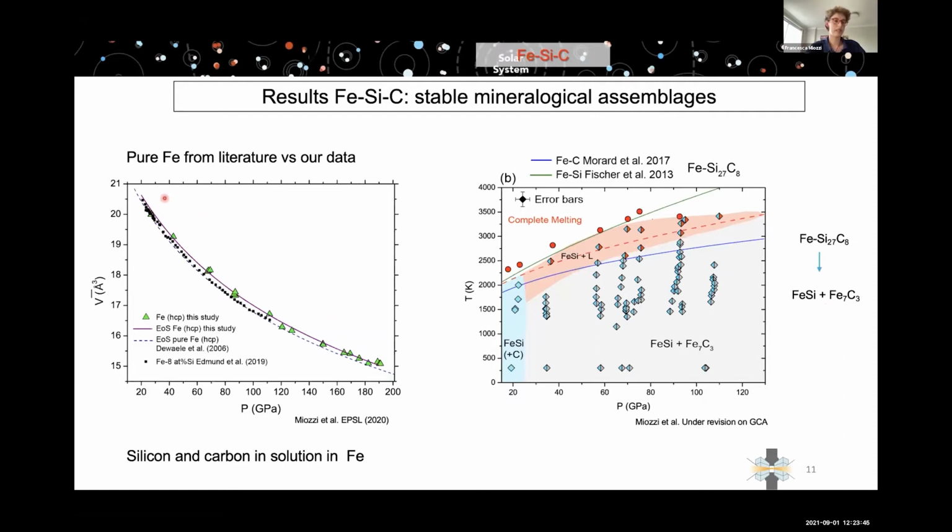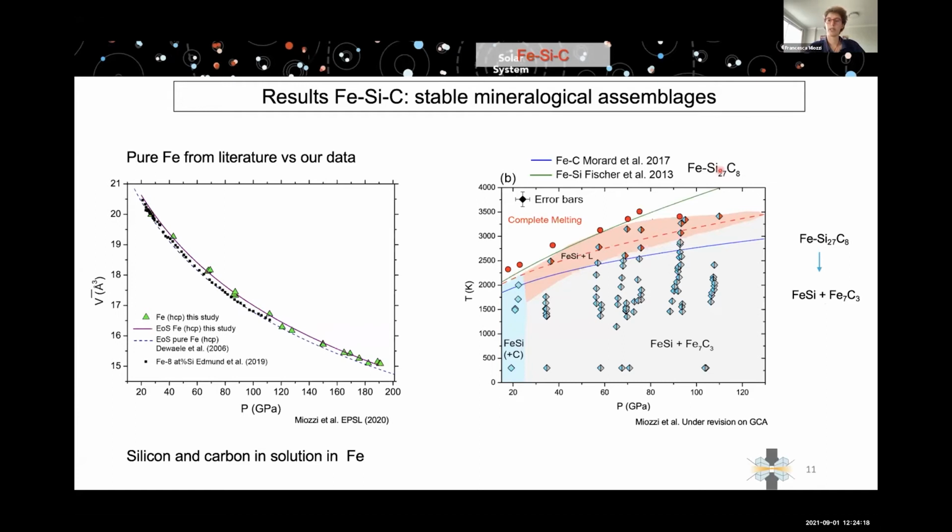As a matter of fact, if we plot the volumes of our iron, that are the triangles with green color, and we compare them with the volume of pure iron, that is the dashed line, and the volume of FeSi, that are the squares, we can see how there is an increase in volume in all the pressure range. This is justified by the fact that all the silicon should be in the structure of the iron, and part of the carbon might be in interstitial position in the iron, determining the expansion of the unit cell.